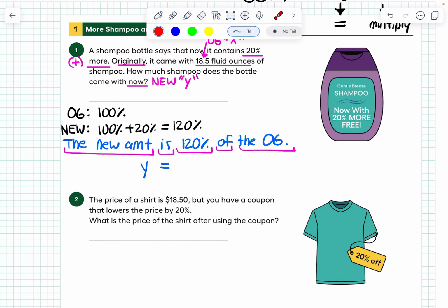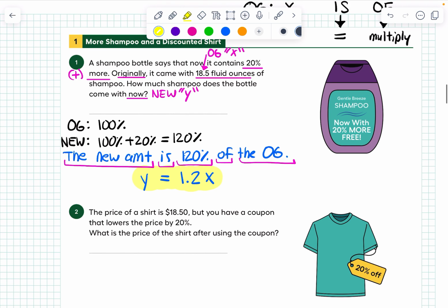And the way you change it to a decimal is you divide this by 100 and you would get 1.2. Of means to multiply, and the variable for the OG is X. This is gold right here, ladies and gentlemen. That's the equation representing what's going on.